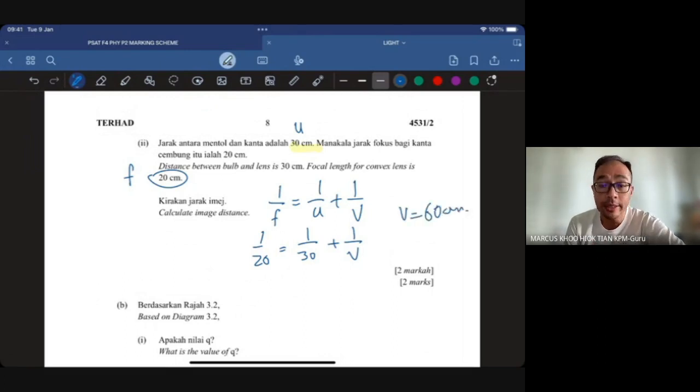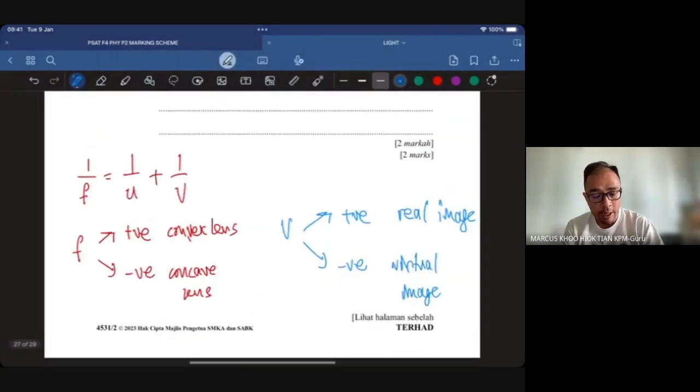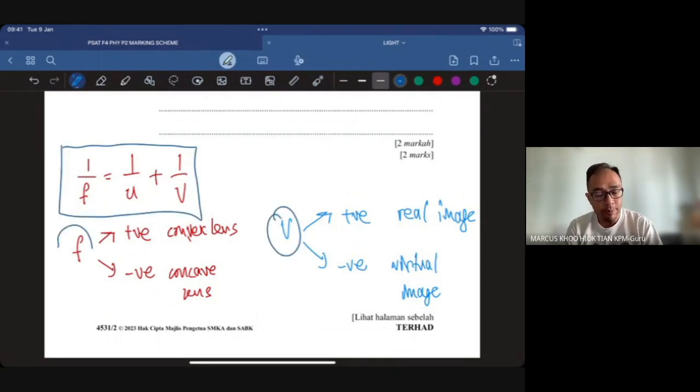Don't worry about this. Just a side note: if you're going to use this formula, be aware that the F and the V may have positive or negative values. Very important.